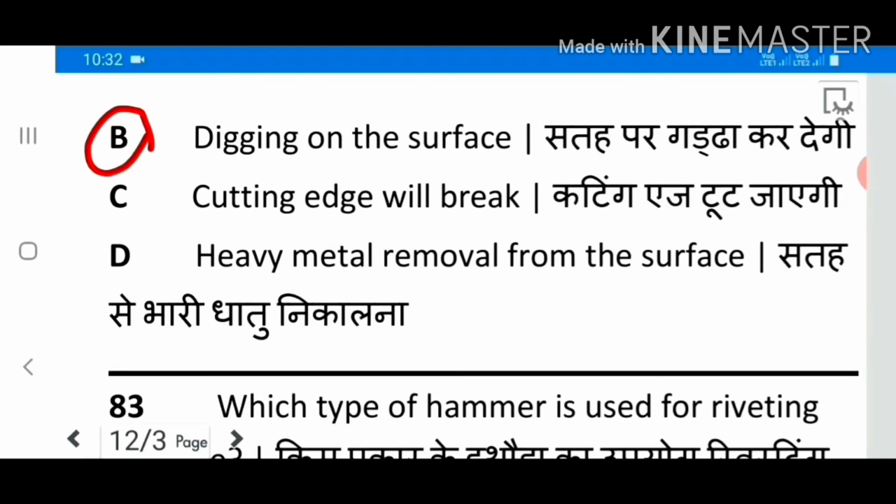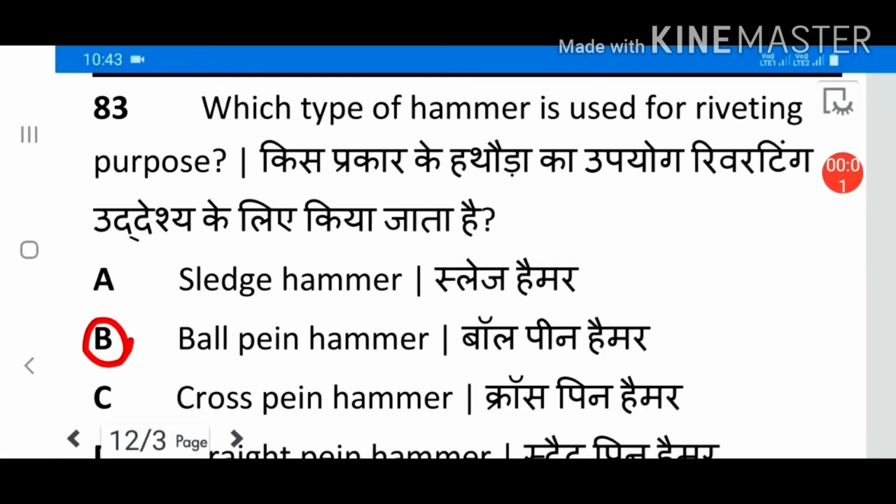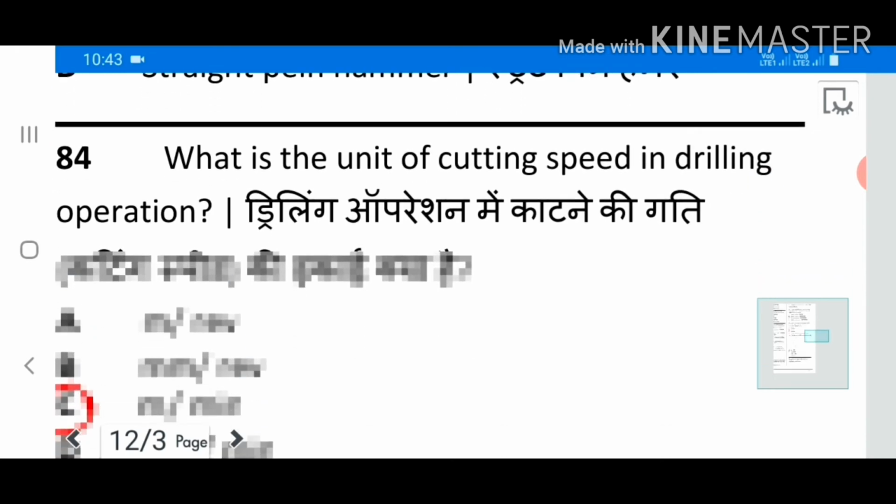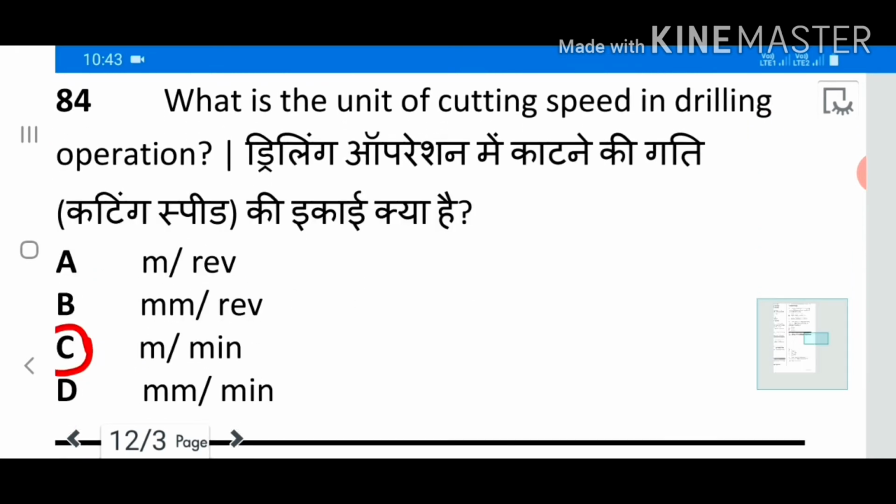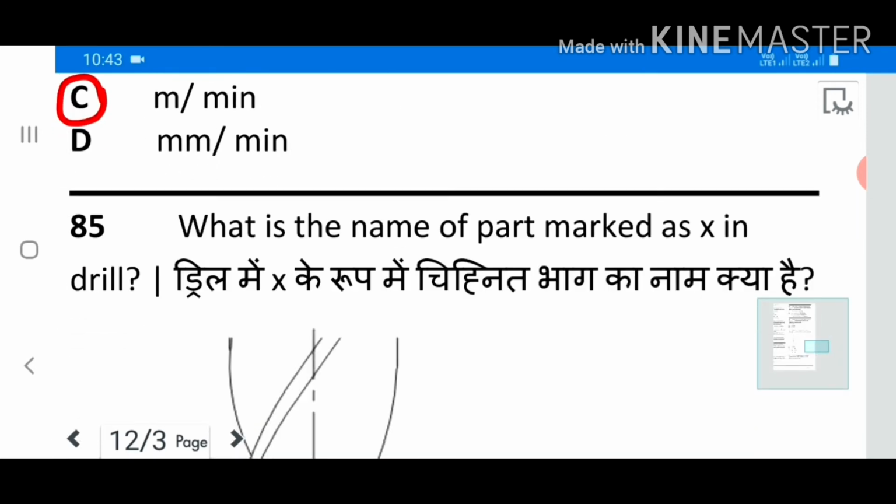Answer B. Digging on the surface. 83. Which type of hammer is used for riveting purpose? Answer B. Ball peen hammer. 84. What is the unit of cutting speed in drilling operation? Answer C. Meter per minute.